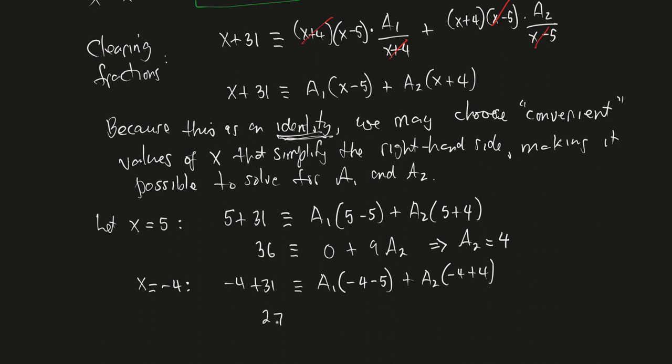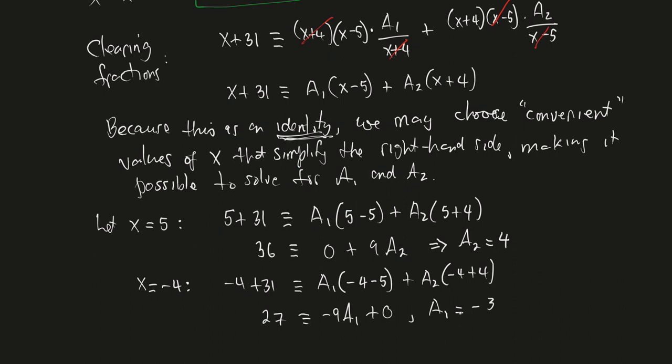This is 27, and that's identical to -9a1. And there's our 0. So we've eliminated that term, and now I can solve for a1. That tells me that a1 has to be -3, just dividing the 27 by -9. So there we go, we have our -3.